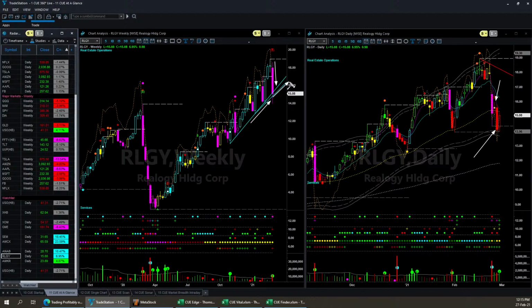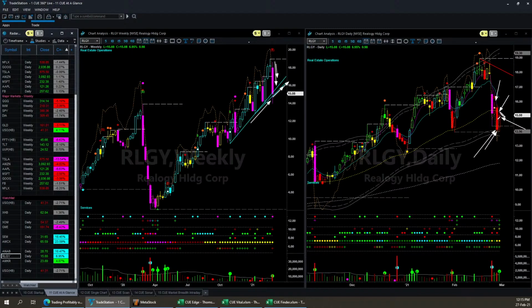So that is meeting the checklist condition for the bounce setup that it should drop sharply, suddenly, stop at trendline support. The next condition that I need for a bounce setup is a close above previous day's close, which was true on Friday. When you combine the weekly and daily together in this way, we have a bounce long setup in RLGY.